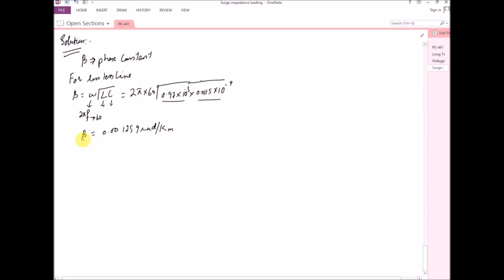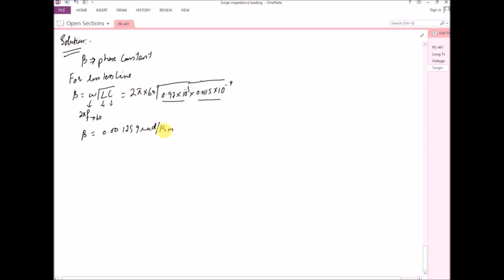So the phase constant value is radian per kilometer, because if you remember in the lecture when I was explaining the phase constant and the attenuation constant, the values were radian per unit length. In this case the unit length is kilometer, so I am taking beta as radian per kilometer.